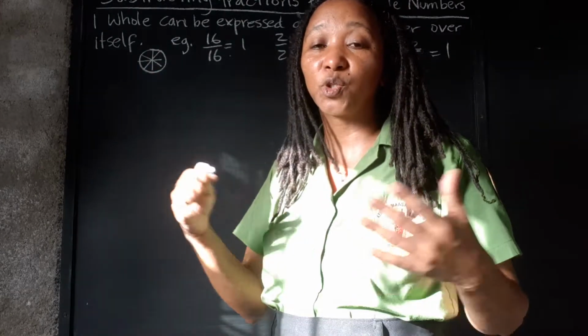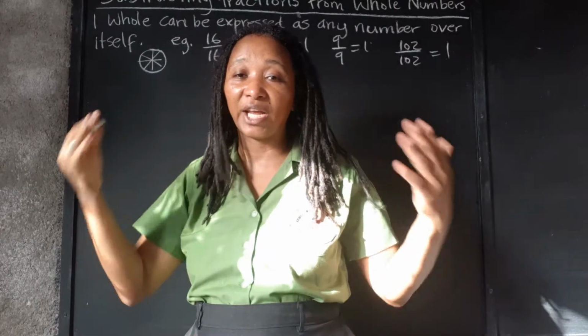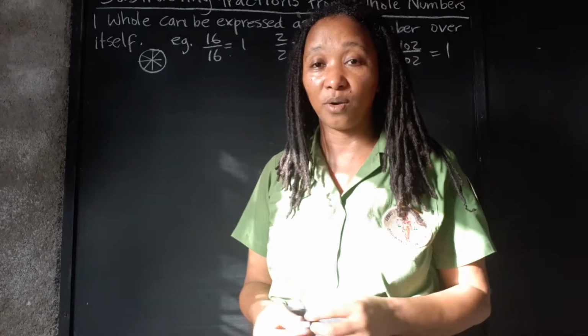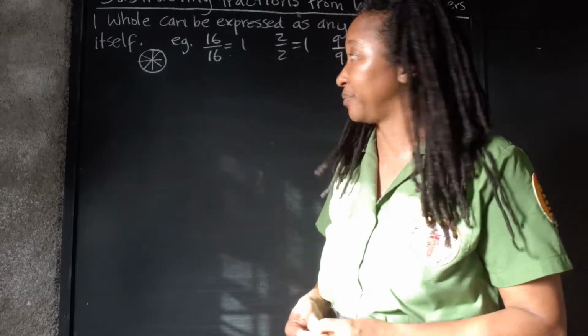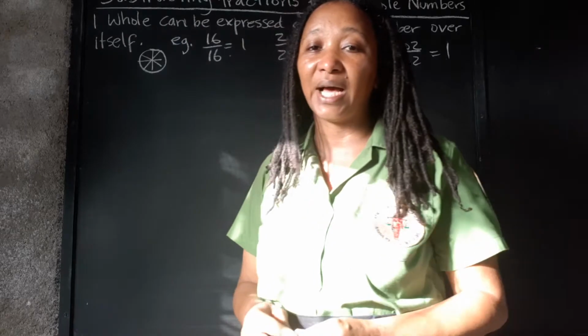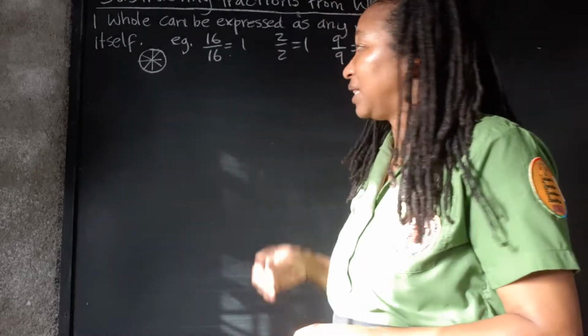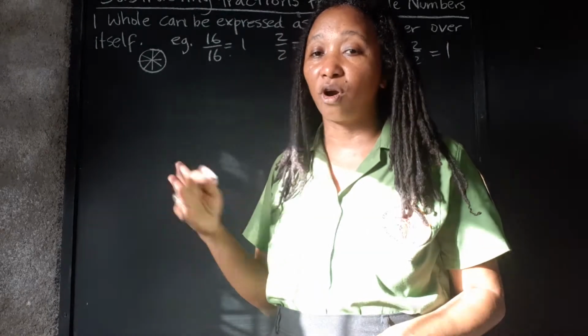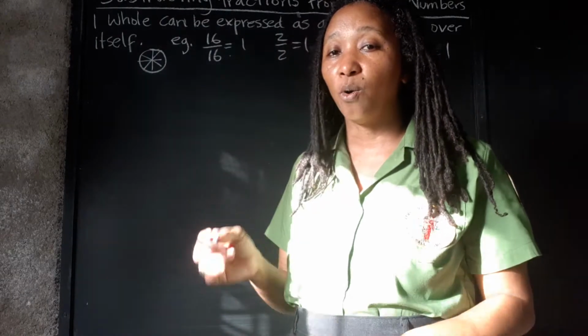If you cut it into 20 parts and you shaded all 20 parts, it's 20 over 20, which is one whole. So that's the idea, right? Any number over itself can be expressed as one whole. This will come in handy when we're taking mixed numbers or common fractions from whole numbers.